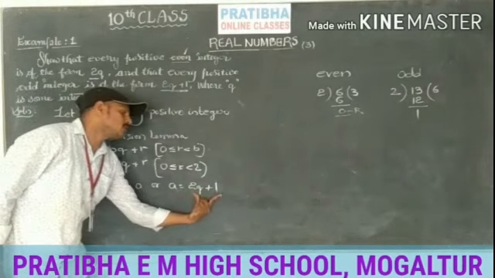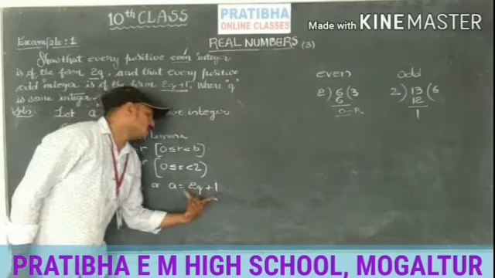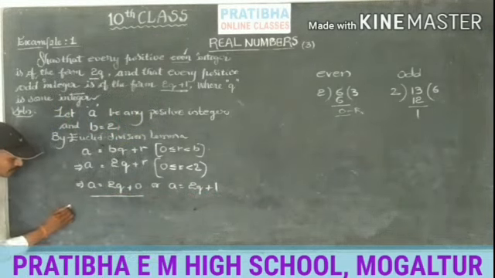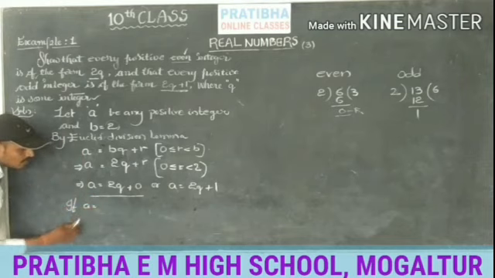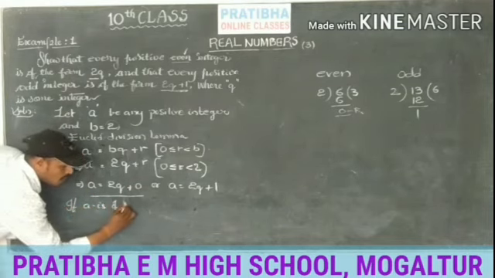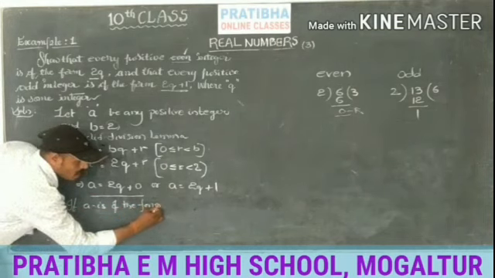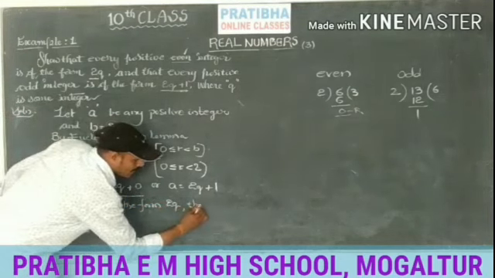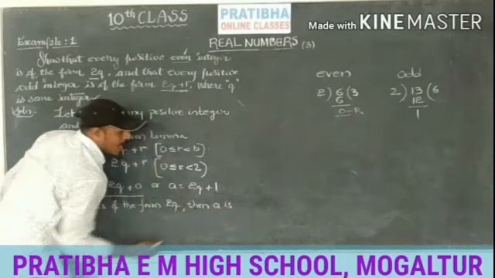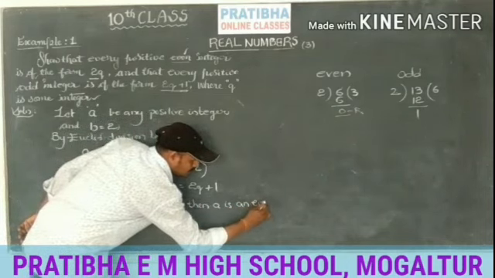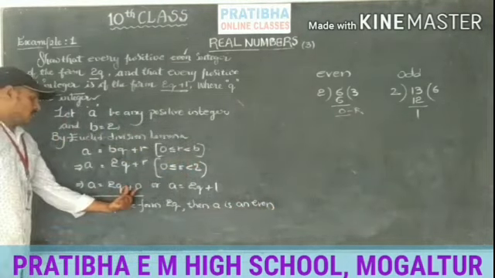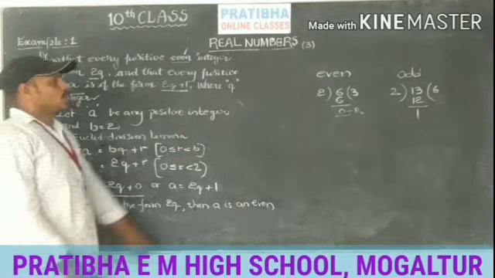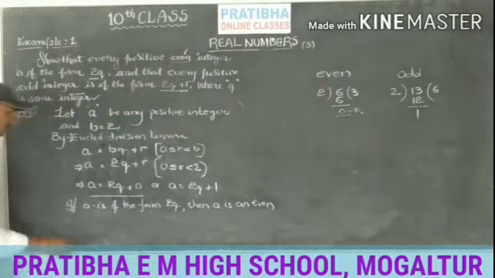If a is of the form 2q plus 0, that means 2q, then a is even, because when a number is divided by 2, if the remainder is 0, those are called even numbers.